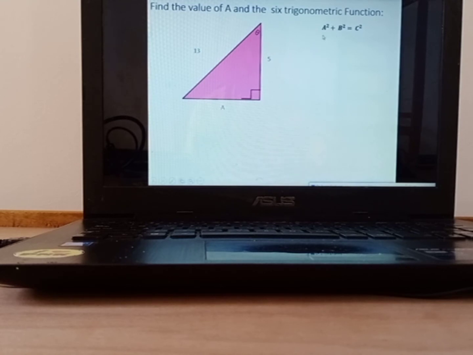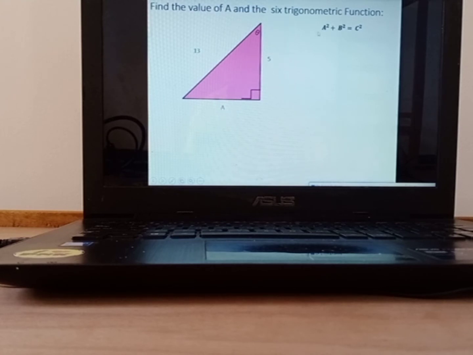It means, class, if you square our hypotenuse, it is equivalent to the sum of the square of the opposite side and the square of the adjacent side.